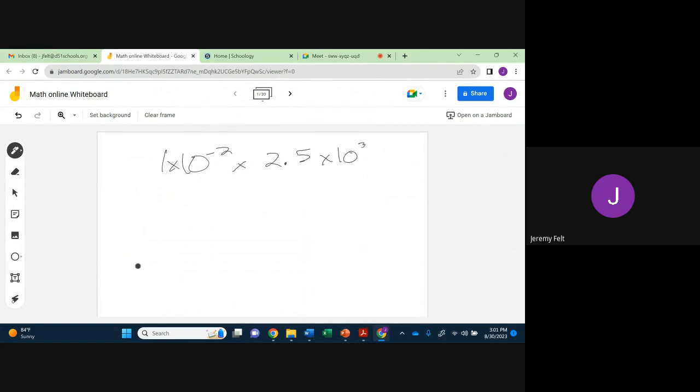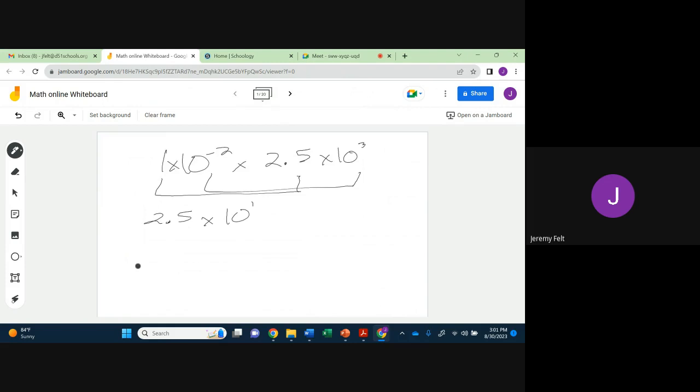Okay, so in this situation, since we can multiply in any order, I'm going to multiply my coefficients first. 1 times 2.5 is 2.5. Then 10 to the power of negative 2 times 10 to the power of 3. Well, I add the exponents since I'm multiplying, so negative 2 plus 3 is positive 1. So 2.5 times 10 to the power of 1.